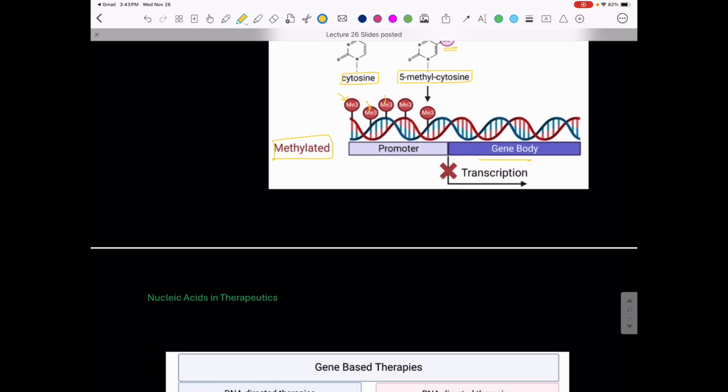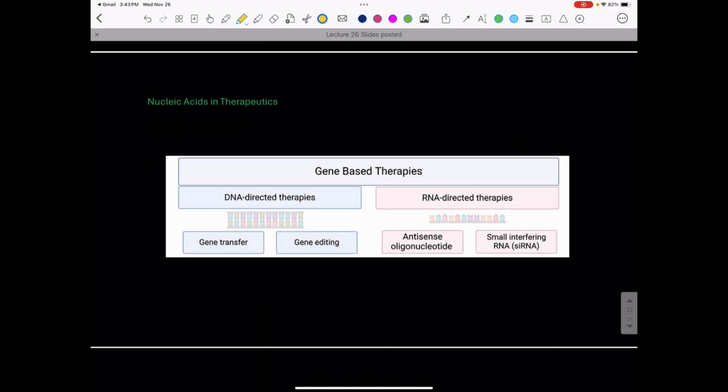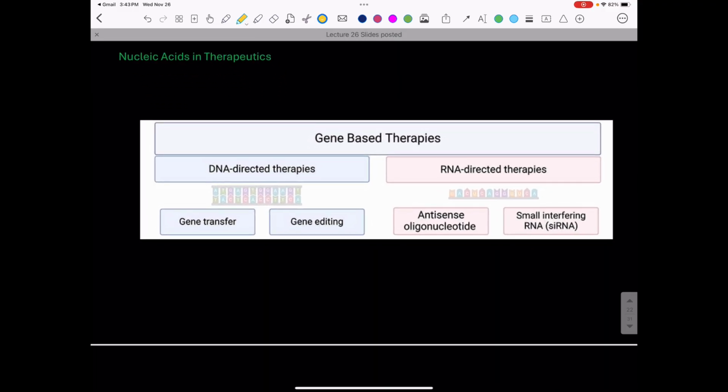So the gene therapy based ones, we have certain things which are called DNA directed therapies, where we can design small molecules which can simulate the switched on or the switched off version of the genes, thereby modulating the expressions. Or we can also have RNA directed therapies where we try to target the mRNA, which is the copied information. So either you destroy that or you amplify it depending on the requirement.